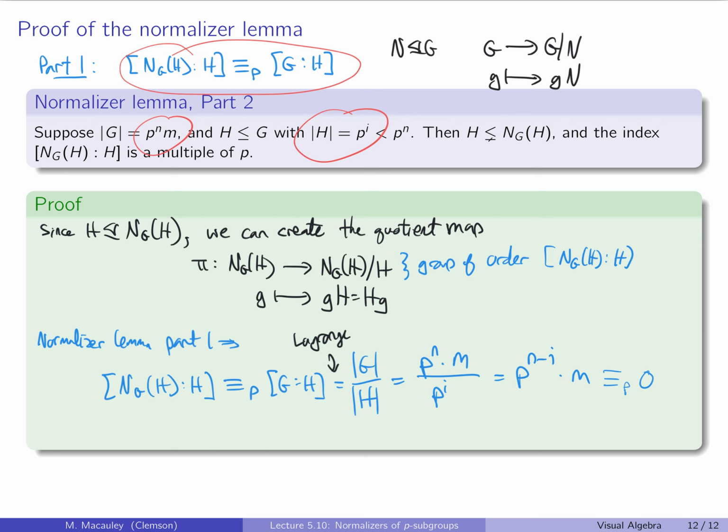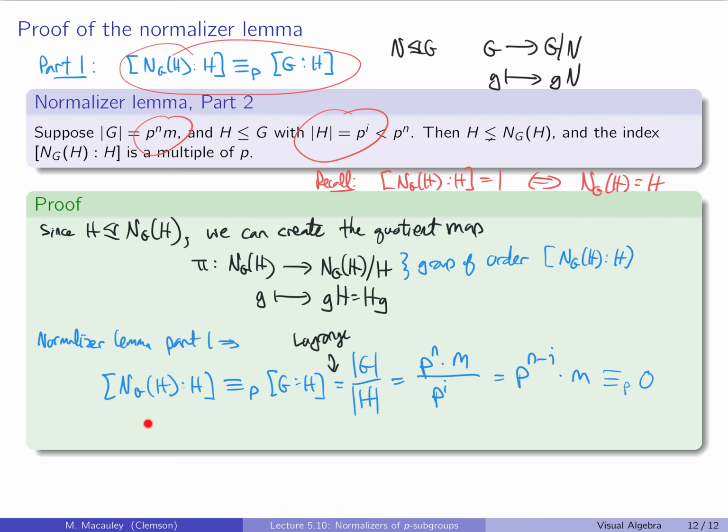And let me remind you, I mentioned in the previous slide, recall that the normalizer of H is equal to H if and only if the index is 1.